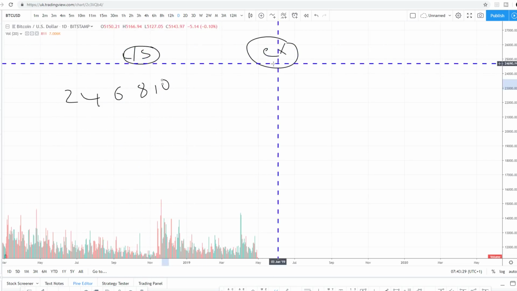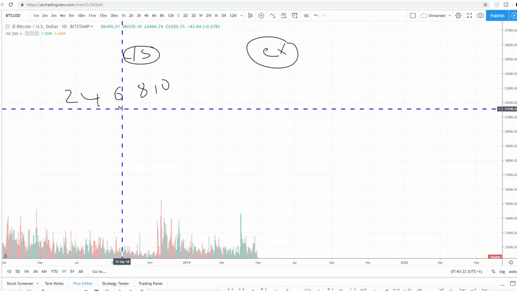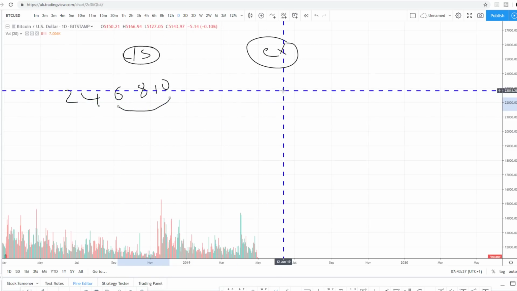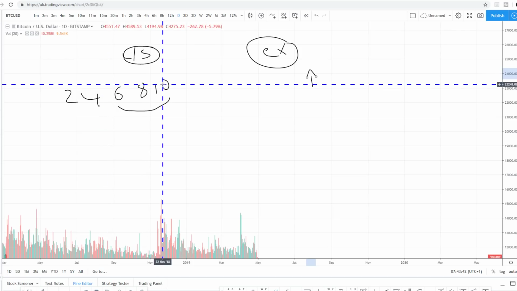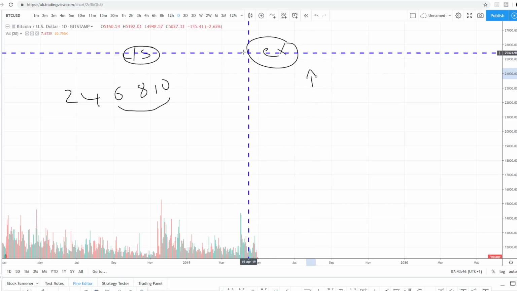They're the same thing. Exponential, all that means is it will put more weighting towards the more recent price action, and thus the moving average would probably be a little bit higher in this case. Obviously, if this was trending down, it would probably be a little bit lower.